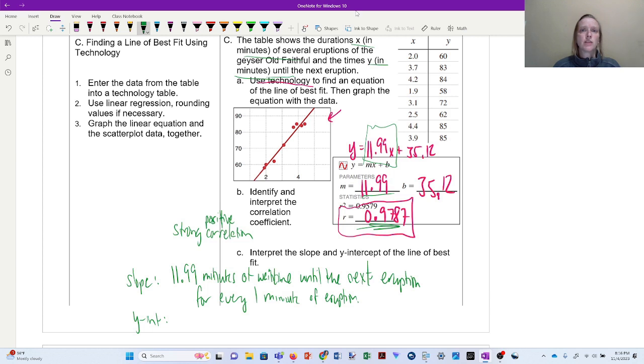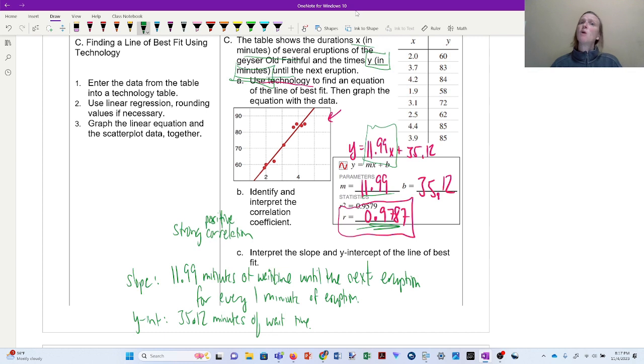The y-intercept focuses on the units in the y direction. So this is 35.12 minutes of wait time as kind of your minimum.